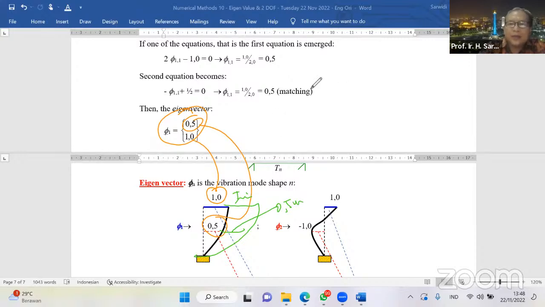Next, if the building moves to the left side, minus 1.5 meter, then this one moves 0.75, only a half. So this is the first eigenvector for the first mode.